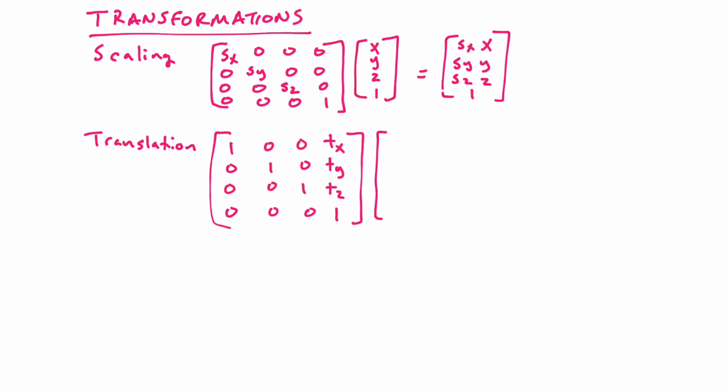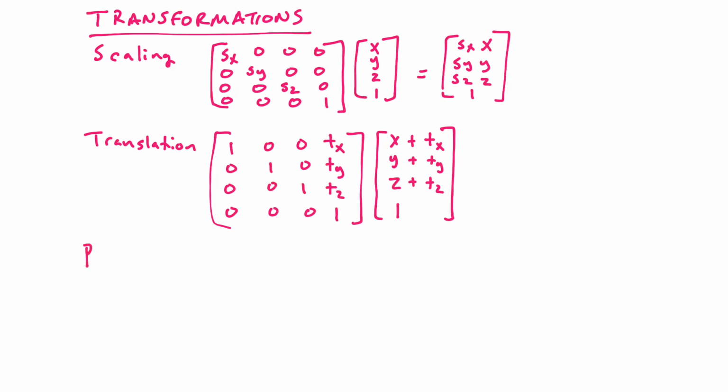So what ends up happening here is we have x, y, z plus tx, ty, tz, and you can see that all this matrix does is just shift the 3D position.